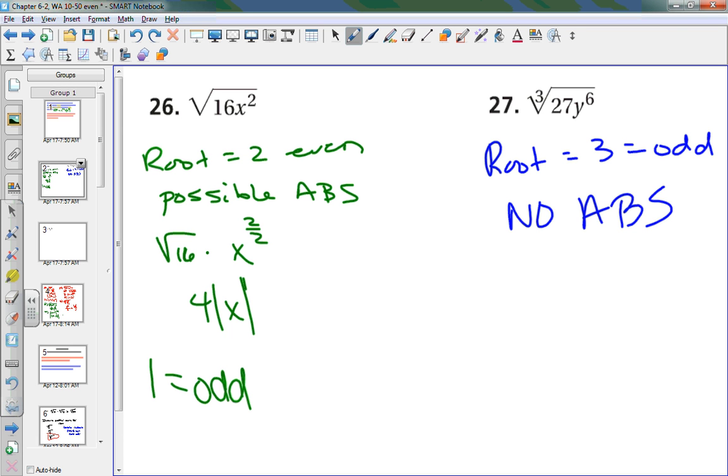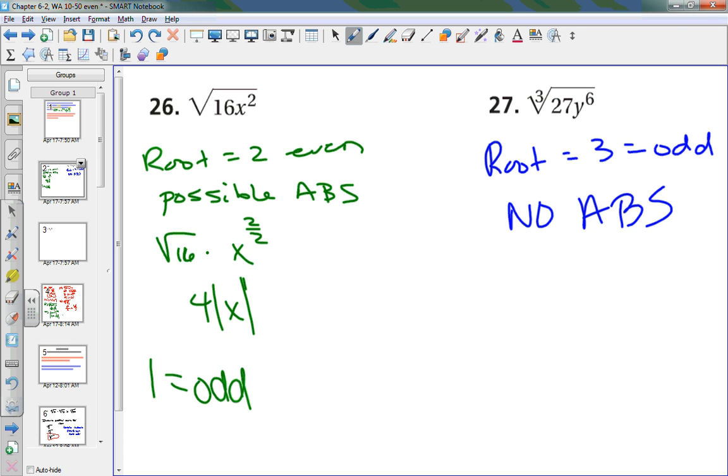Absolutely. Because negative 2 times negative 2 times negative 2 is negative 8, which means I can take the cube root of negative 8. I can get a negative outcome with an odd root, but I cannot get a negative outcome when I have an even root. Never possible.